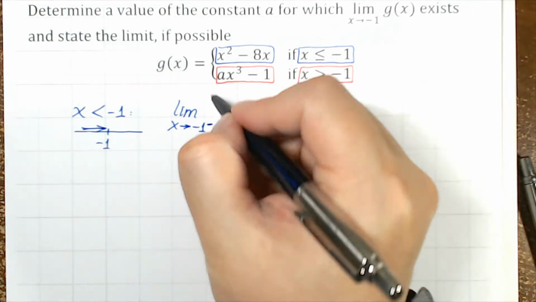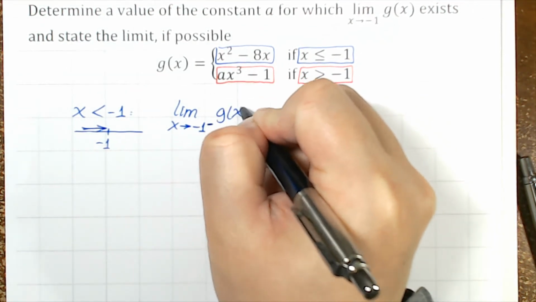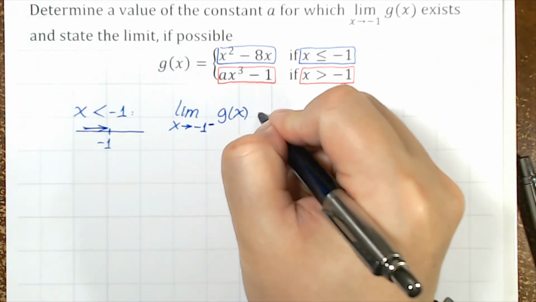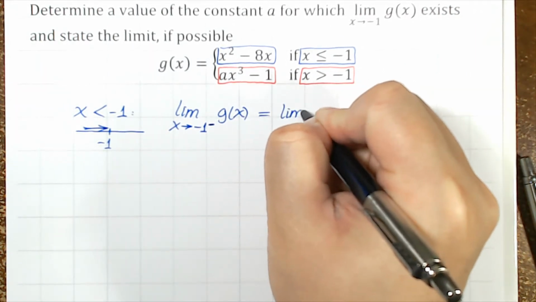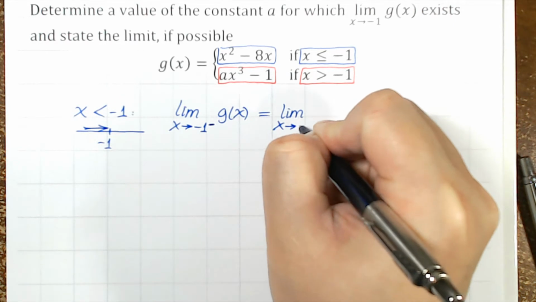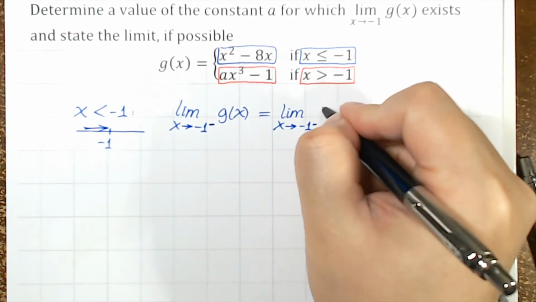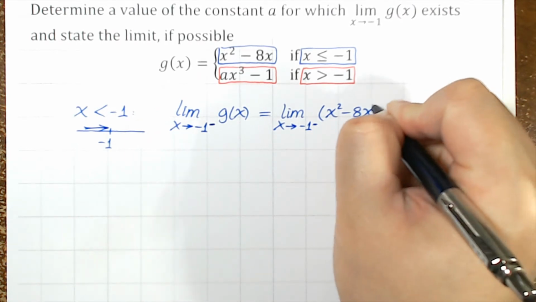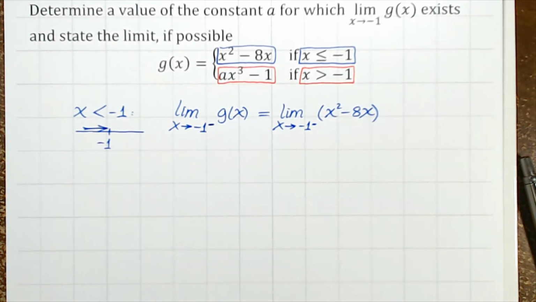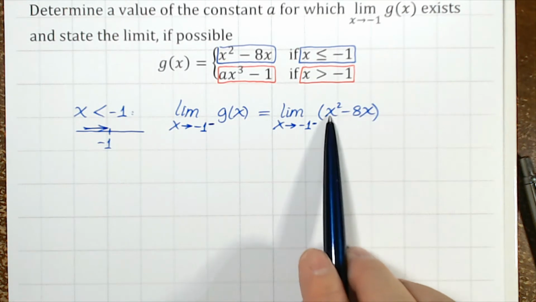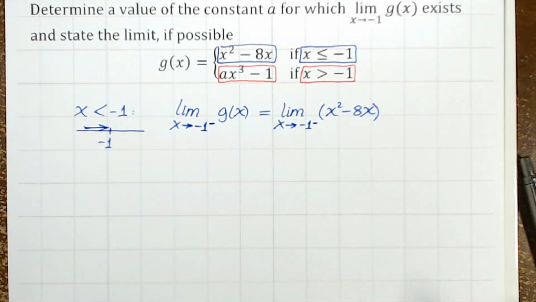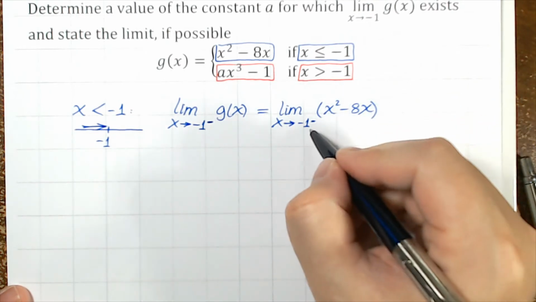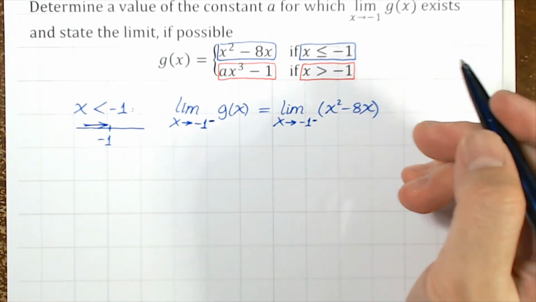So in that case, the limit of the function g of x, because x is less than -1, we're going to use x squared minus ax. And when we find the limit, we just substitute the -1 into it. The superscript negative, we don't really do anything, if the limit exists, of course.